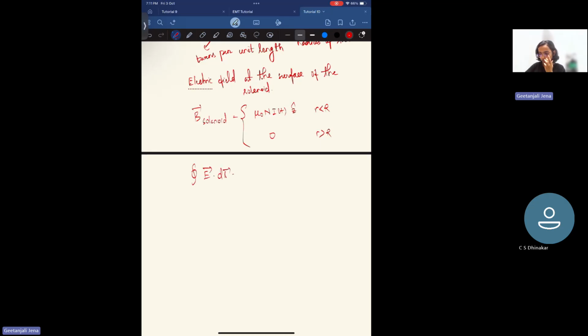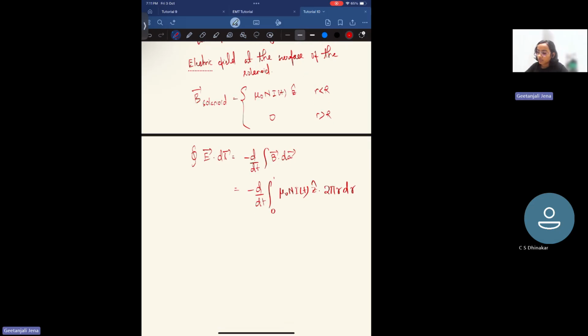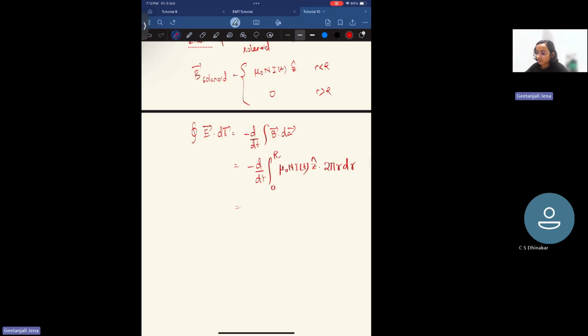So the integral of E dot dl is minus d by dt of the integral of B dot dA. So this will be an integration, where B is mu naught n I(t) z-hat, and dA is 2 pi r dr. The limit for this integration will be from 0 to r because outside it is 0.